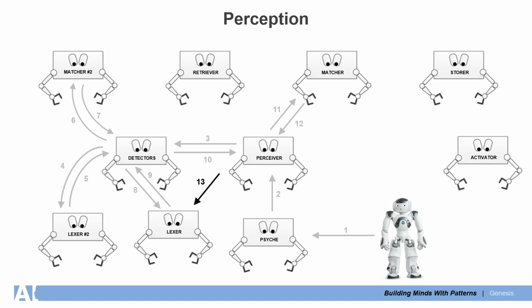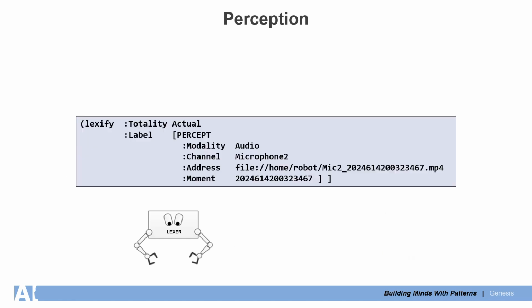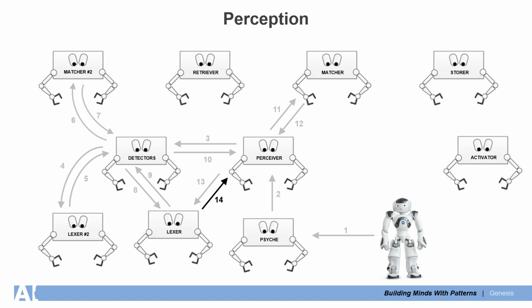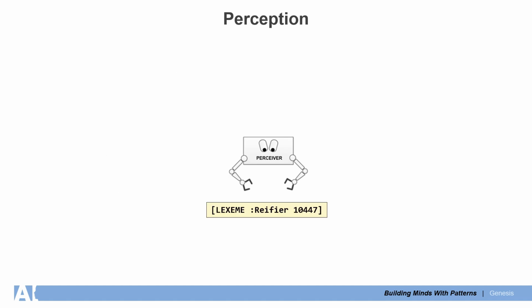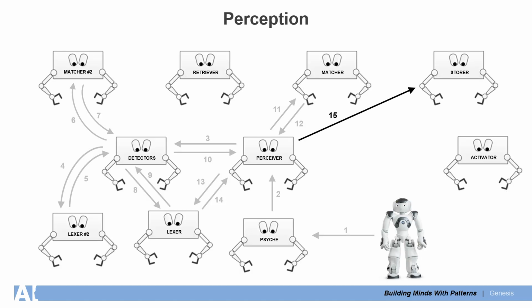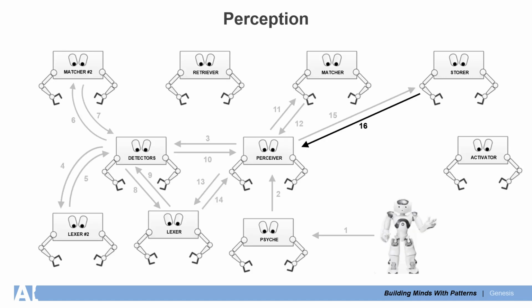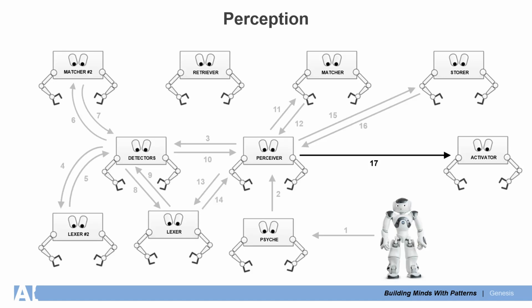So now the perceiver stores the percept. Obtaining a reifier for the percept, and storing the percept with the storer. Then activating the new percept.